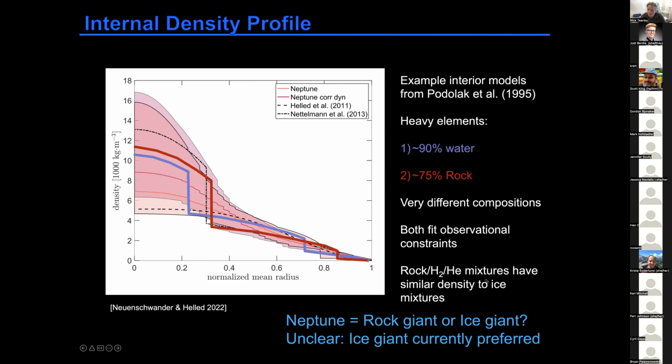The problem in determining between these two types of composition is that rock and hydrogen-helium mixtures have quite a similar density to ice mixtures. So it's quite difficult to tell those apart just from mean densities and things like that. So is Neptune a rock giant or an ice giant? It's unclear, I would say, from this, but ice giants are currently preferred.